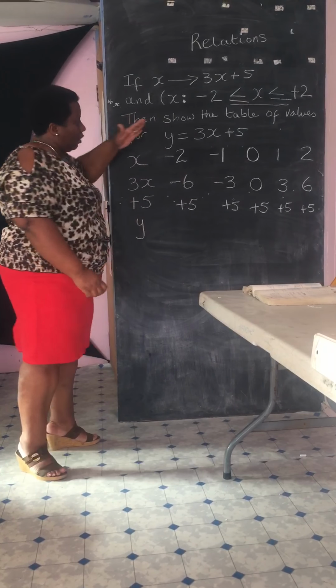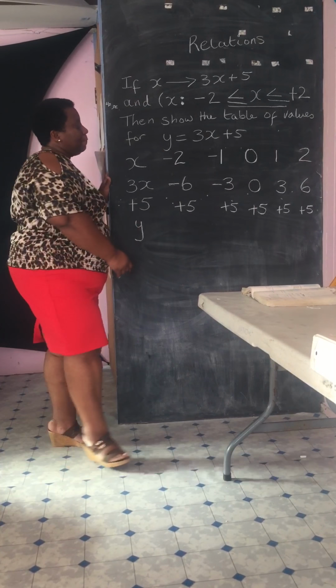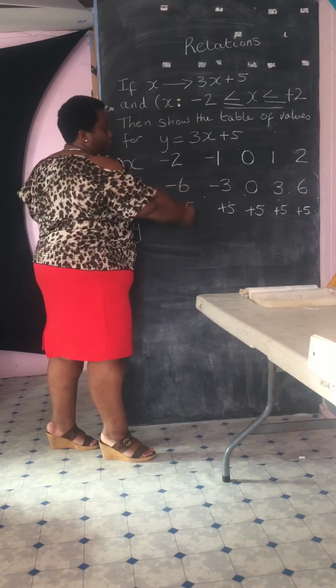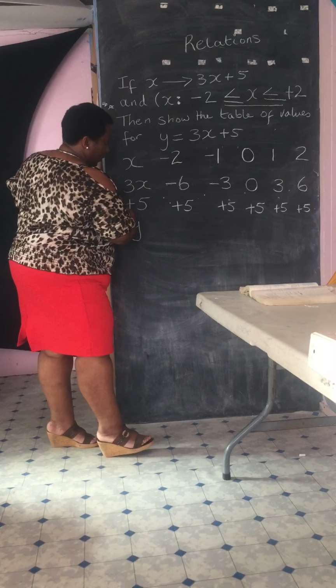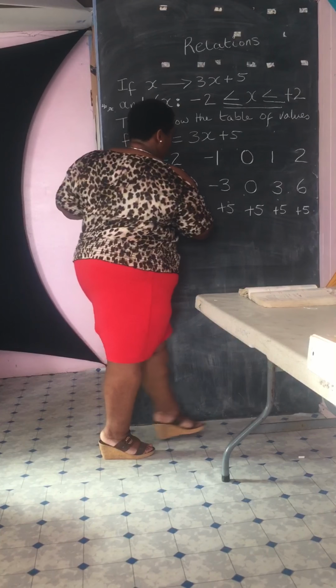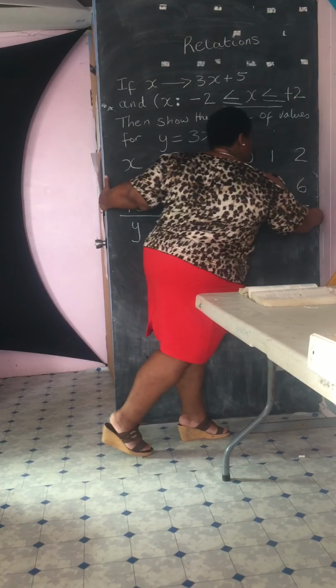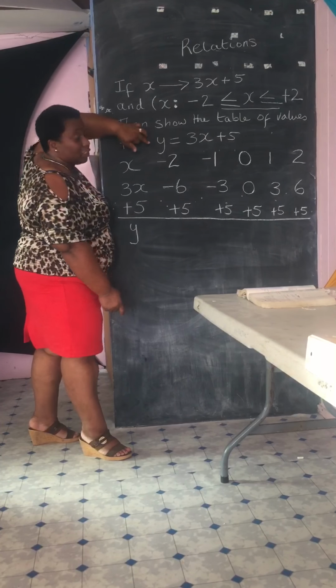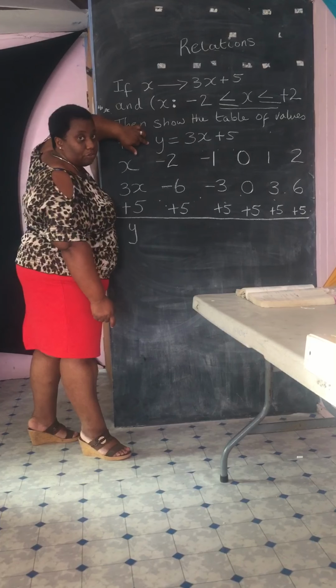So by setting it out like this, you actually have what you call the table of values. You have all your values. So we can easily come now and draw a line here to separate this section from this section, which is y, which is our solution, because this is what we're trying to find.